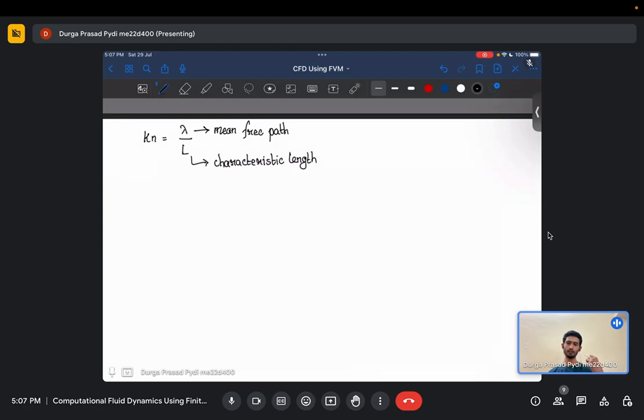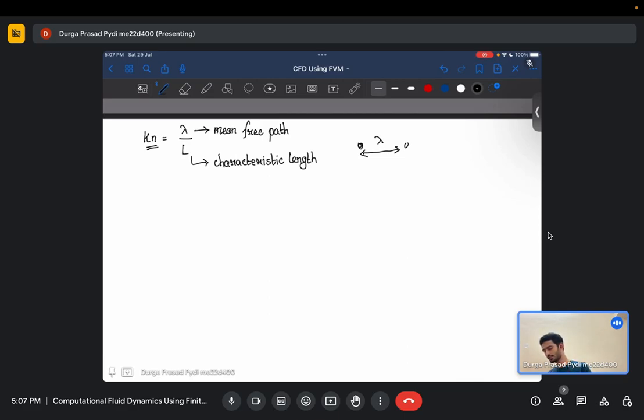You might have read about the kinetic theory of gases, where we define this mean free path. Your gas is composed of several particles, and each particle will continuously move. The distance between these particles is what you call the mean free path, and your length scale should be chosen such that it is much greater than this mean distance. Only in that case can you consider the continuum hypothesis valid.